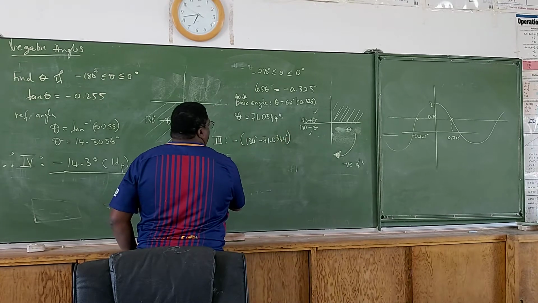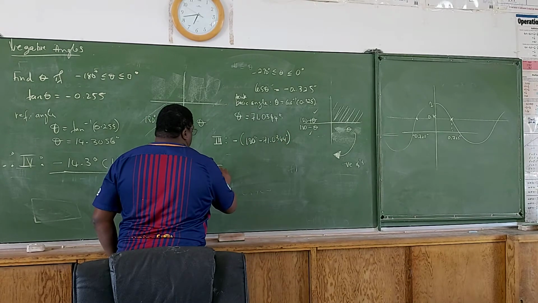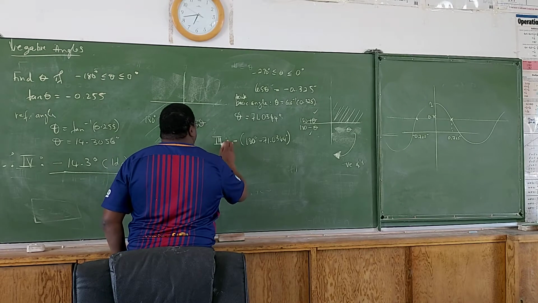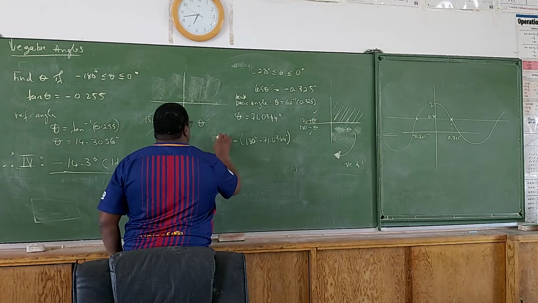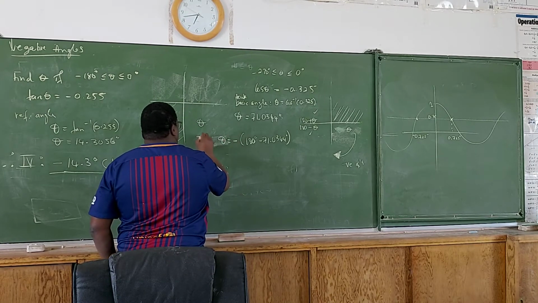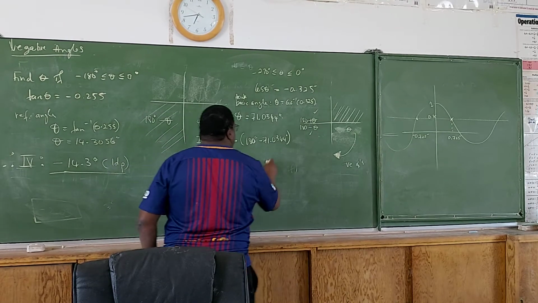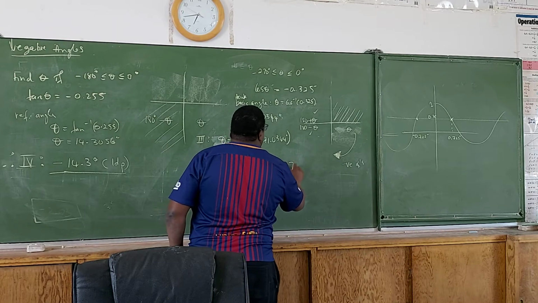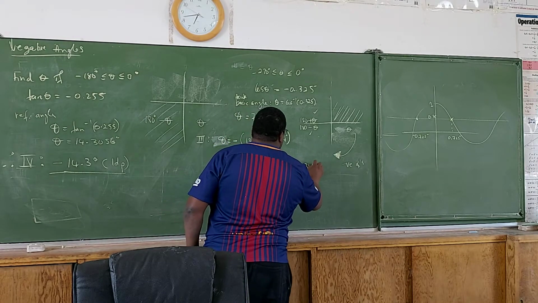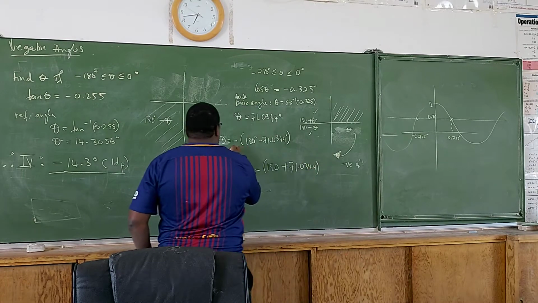In the second quadrant, theta will be minus 180 plus 71.0344. Right, so what is theta here?